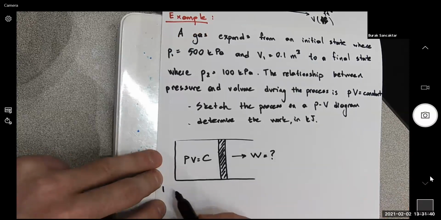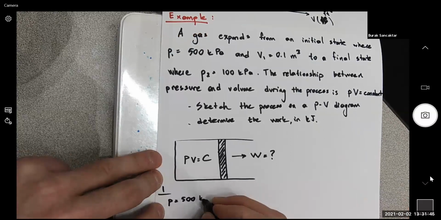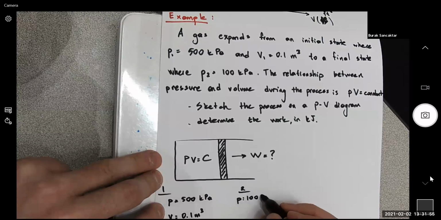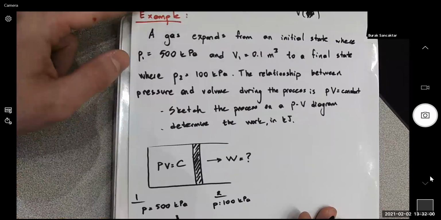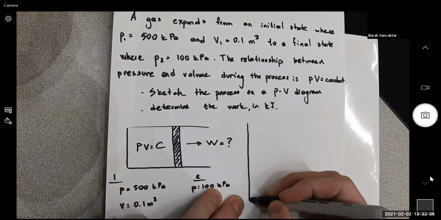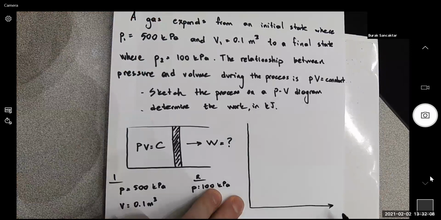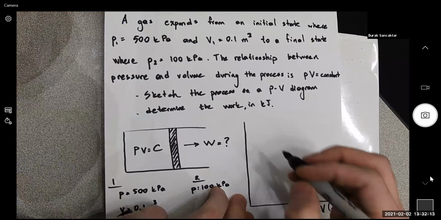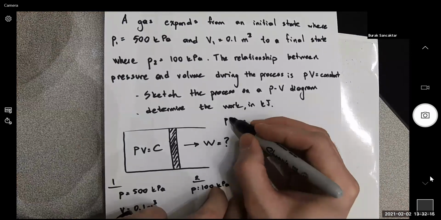In state 1, pressure 500 kilopascal, volume equals 0.1 meter cubed. State 2, pressure 100 kilopascal. Cubed. Pressure in kilopascal.